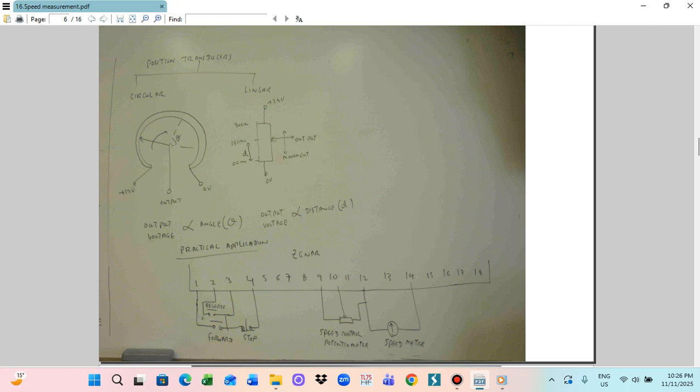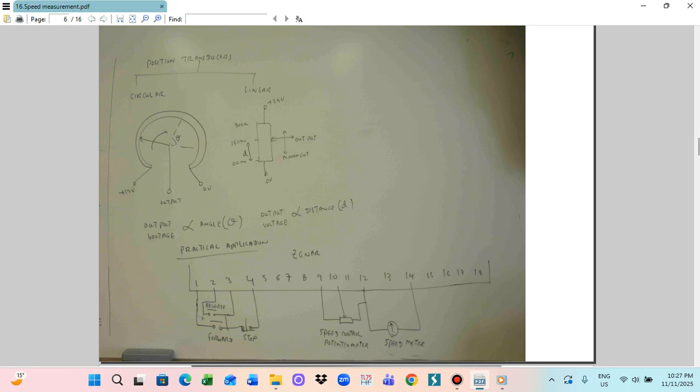So the length depends on the distance, and the output voltage is proportional to the distance. The distance will be D.